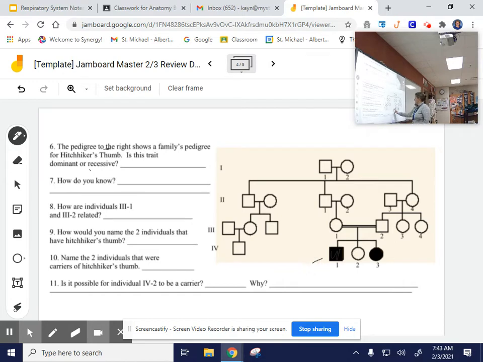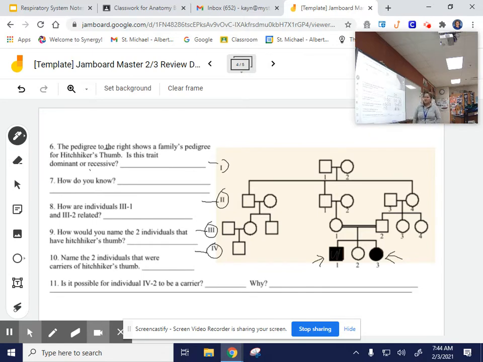So number 1 has the trait and number 3 has the trait. Now the way you read this is generation 1 across, this is generation 2 across, this is generation 3 across, and this is generation 4 across. So these would be the kids, these would be the parents, these would be the grandparents, these would be the great-grandparents.